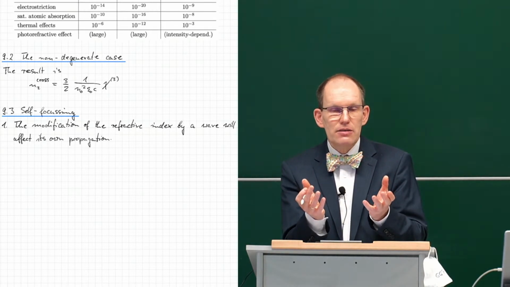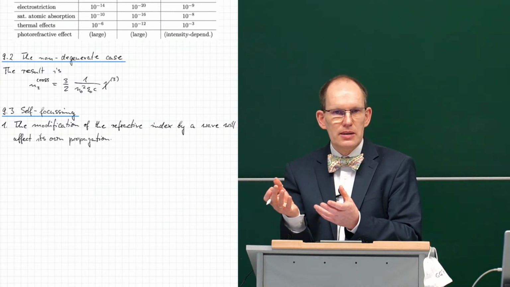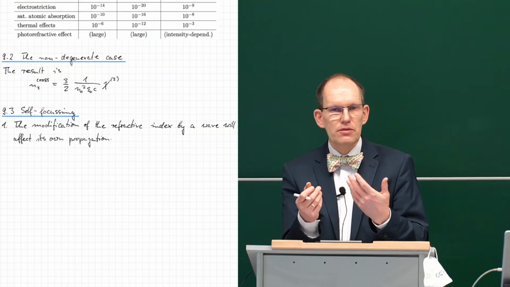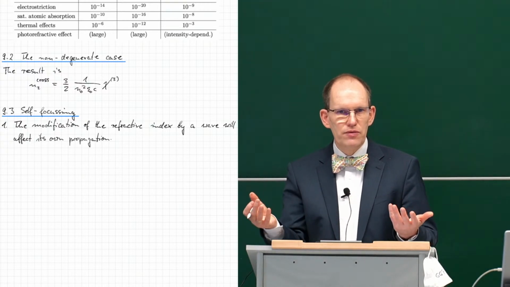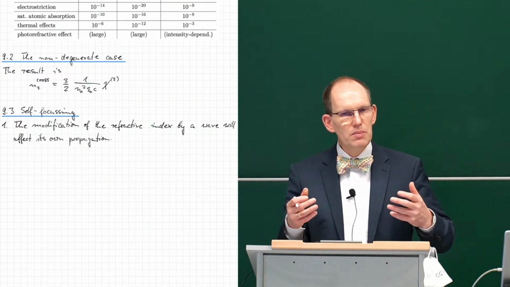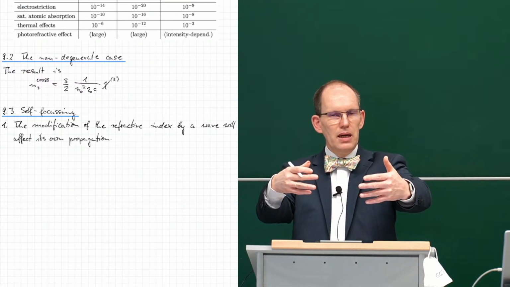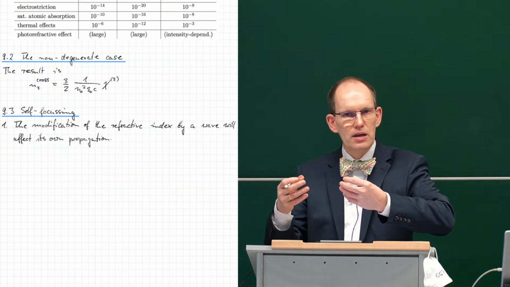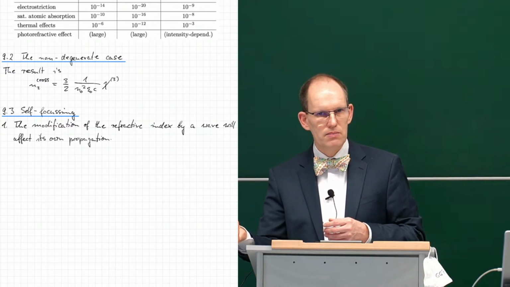But nevertheless, for each laser beam, for each wave, there is a dependence of the intensity as a function of the distance from the beam axis. Yeah? And this means that if you propagate such a beam through a medium, this medium will have a position-dependent refractive index. Yeah?